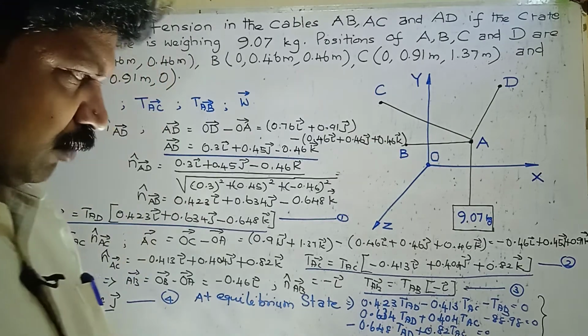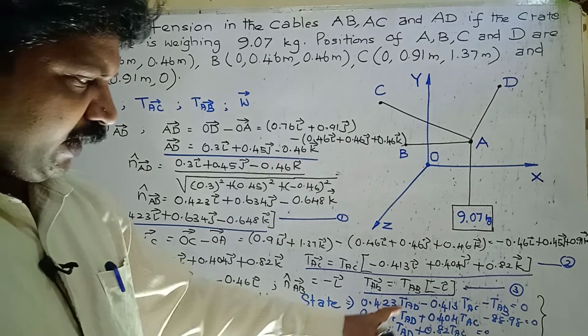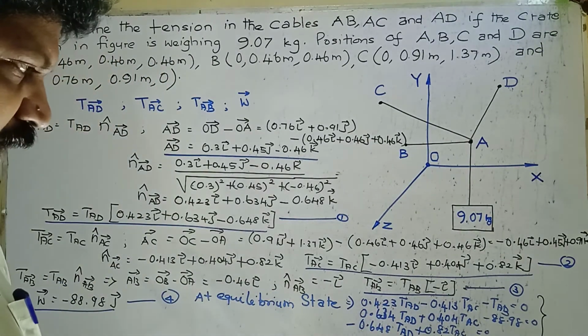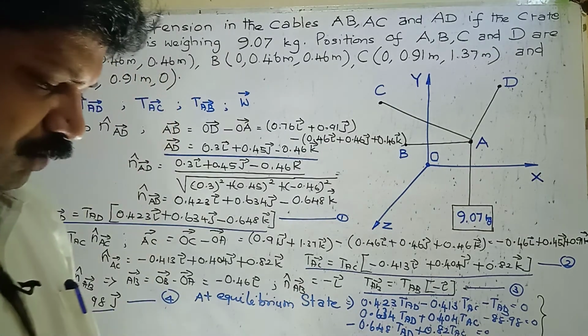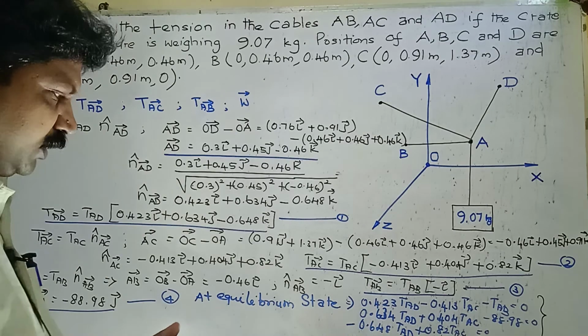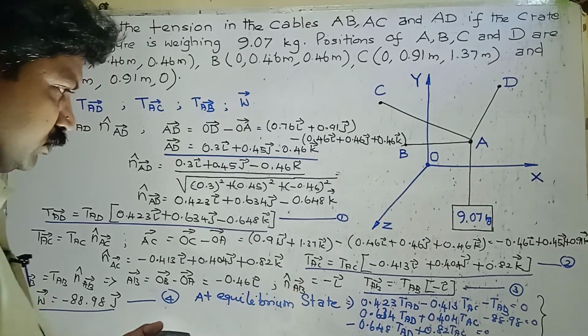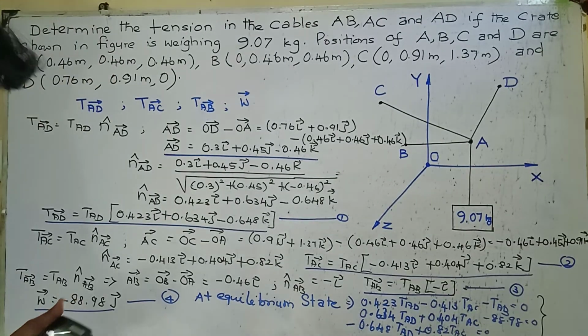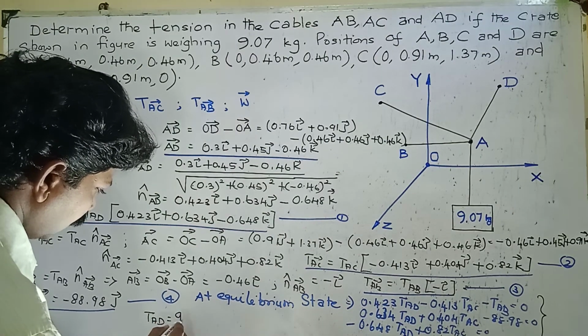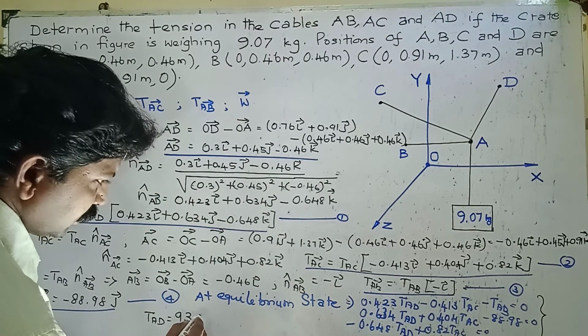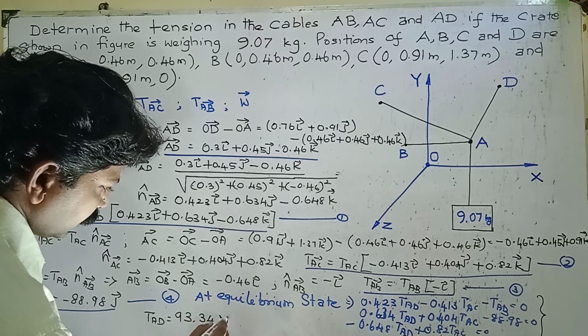The first x component value: TAD equals 93.34 Newton. From the calculator, TAD equals 93.34 Newton.